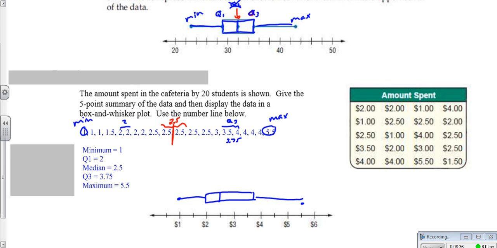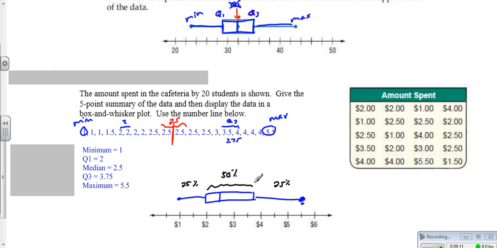And what this says is, when you just go by numbers, not value of numbers, then 50% of your data is within this. 50% of your numbers are between 2 and 3.75. And this is 25%. Here's 25%. And together you get 100% of your data.